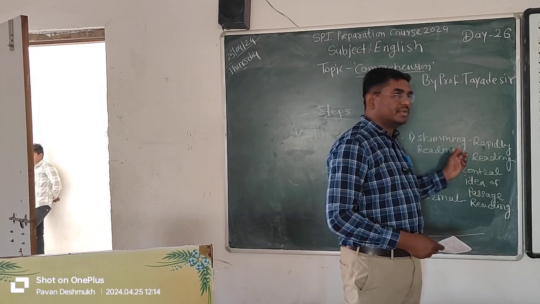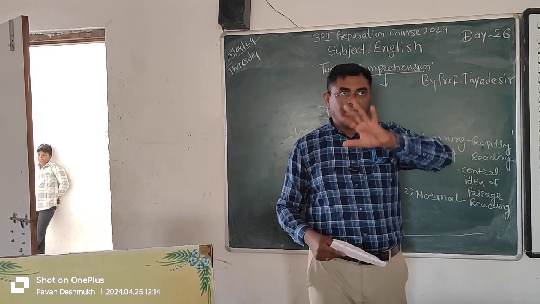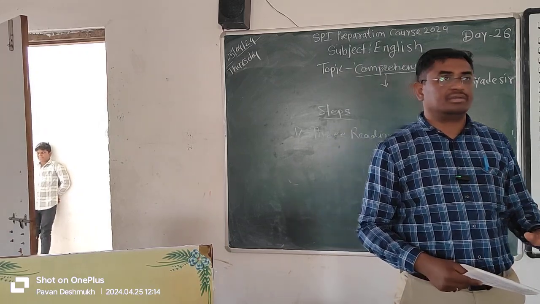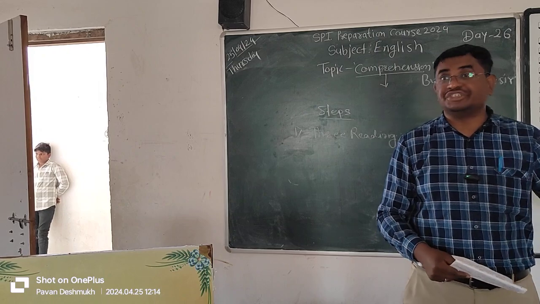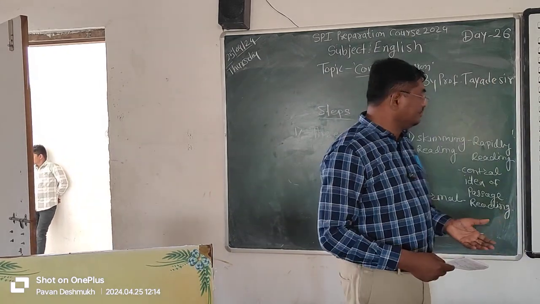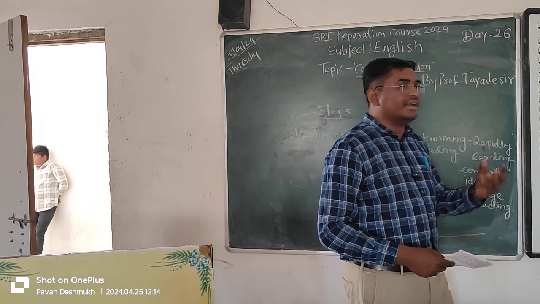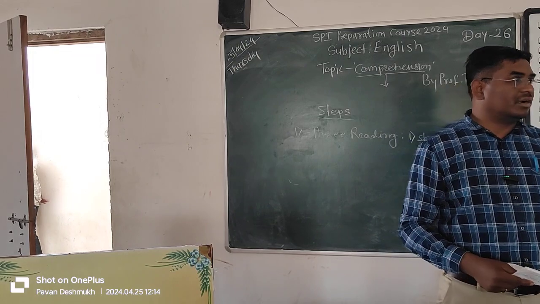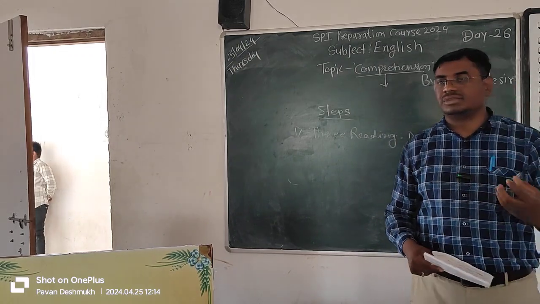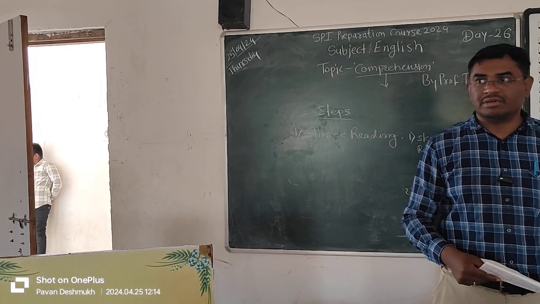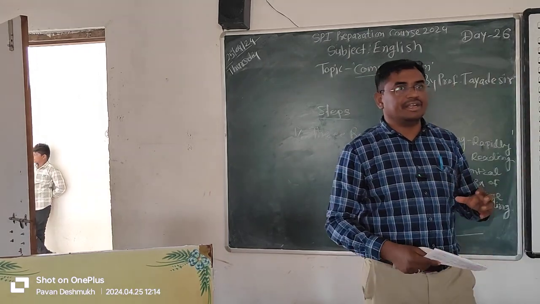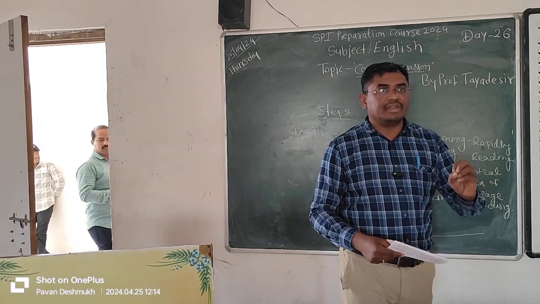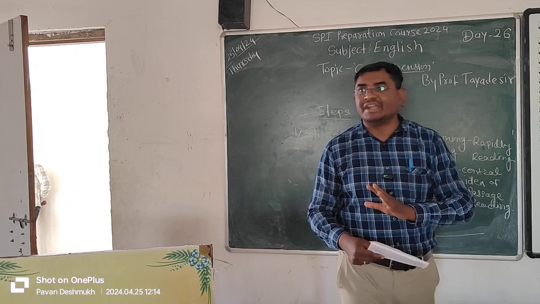That is skimming reading, and you try to get the overall idea, the central idea of the passage, what the passage is about and which information is given in it. Then normal reading. In normal reading, you read some of the stories, some of the poems, or some of the novels, very normally, not very tentatively, but normal.